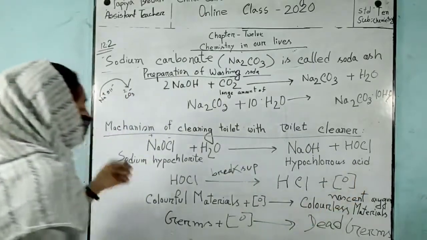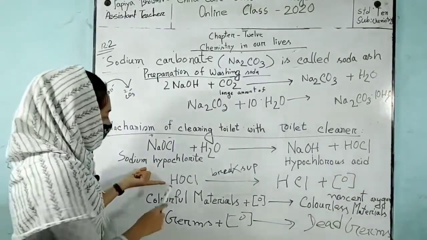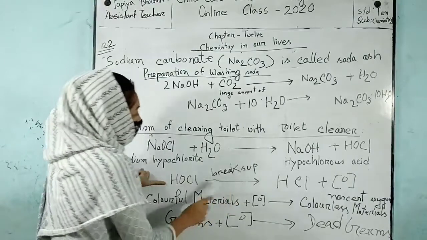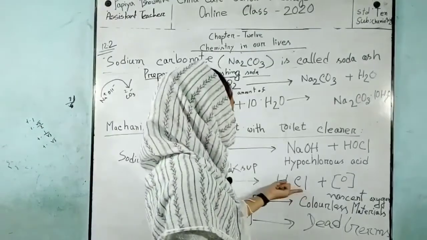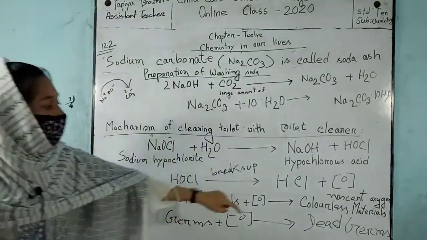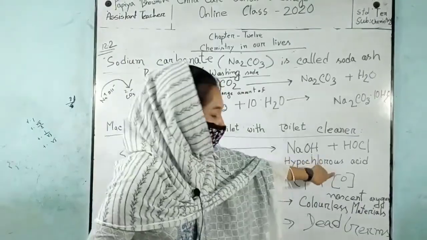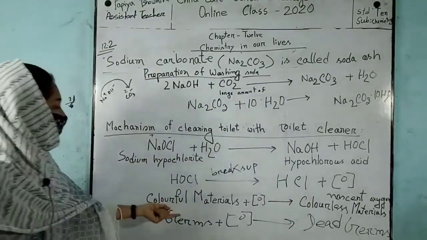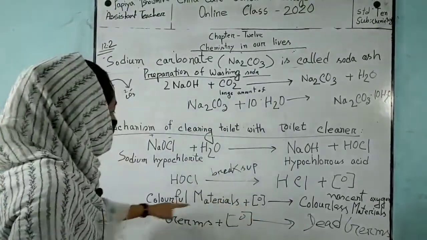Hypochlorous acid. In the second step the hypochlorous acid breaks up, and then we get HCl and nascent oxygen. This nascent oxygen is very important because it reacts with colorful materials and makes them colorless.